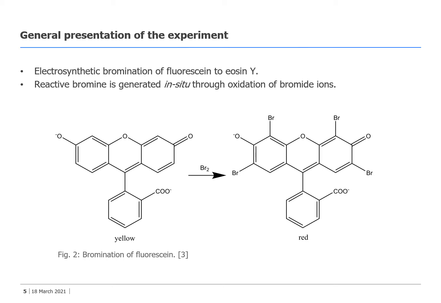This elemental bromine is the active bromination species and will react immediately with fluorescein, showing a low concentration of bromine to reduce hazard risks according to the green chemistry concept, which is also important for use in chemistry classes. The bromination of yellow fluorescein thereby yields red tetrabromofluorescein, also known as eosin Y or acid red 87.